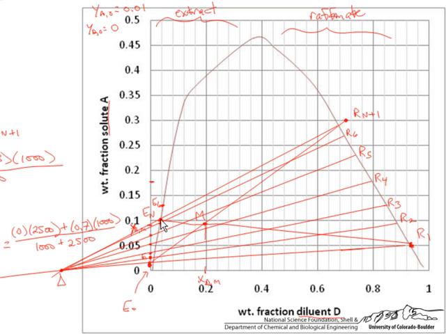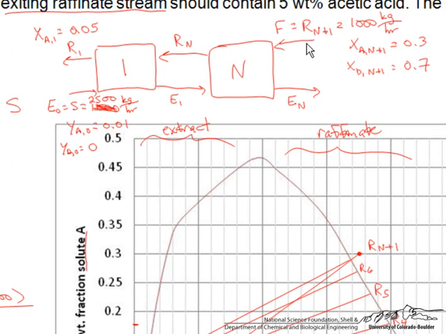What we're trying to do is pull out solute from this feed stream, and we need to pull out enough solute so that we have an ending concentration of 0.05 in the raffinate stream. The only way we can achieve this concentration in the exiting raffinate stream is by pulling out enough solute. So we have to have En have a certain concentration of solute in it.